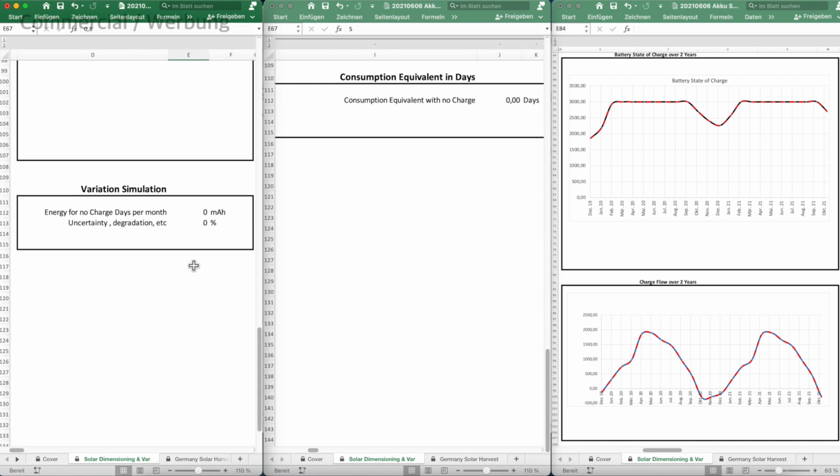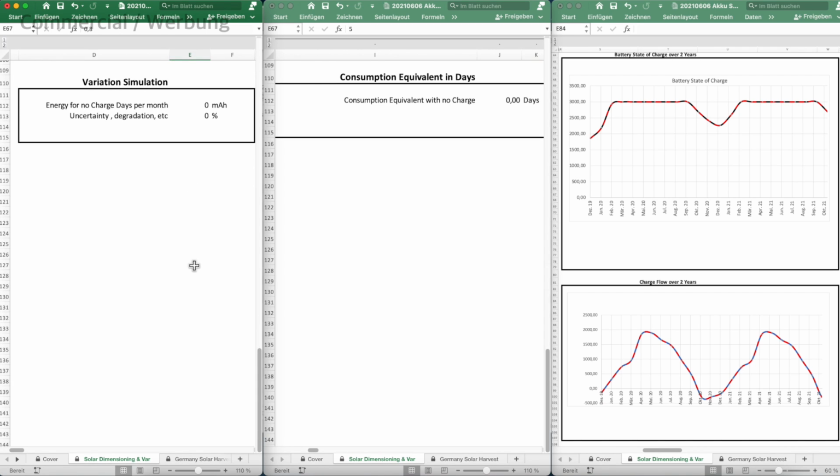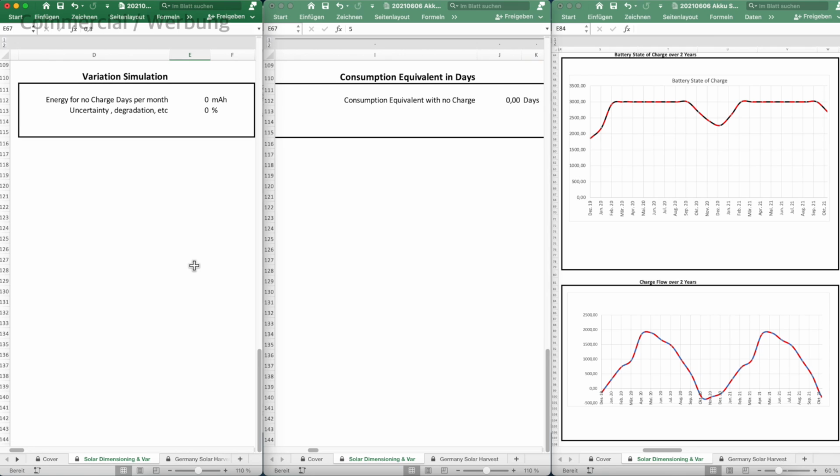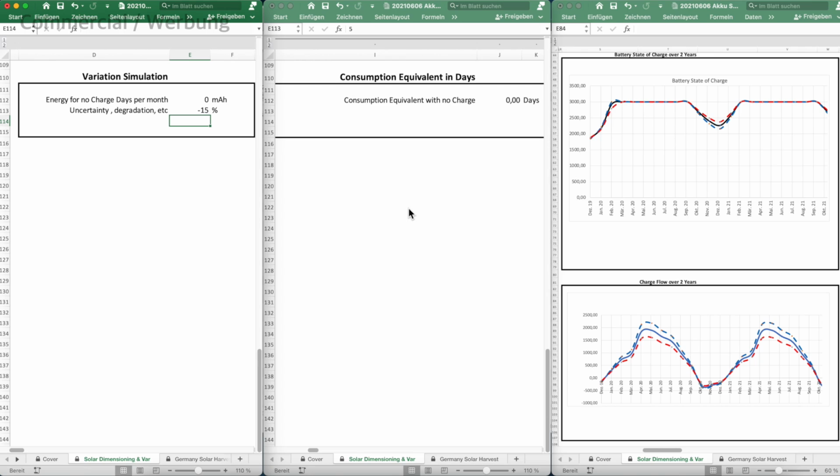Of course, we also want to see the variations calculation now, as we did in the case before. We also use the 15% for the uncertainty calculation, which is no problem at all for the power budgets.